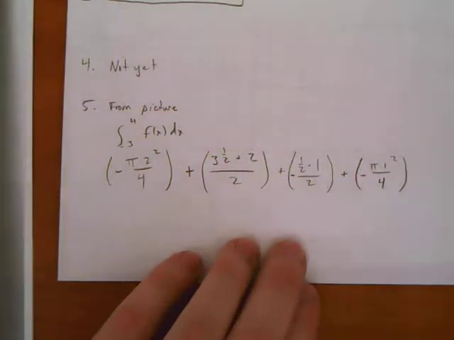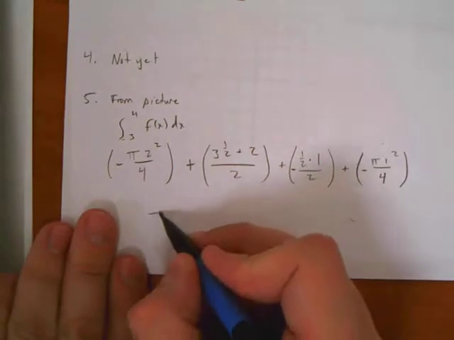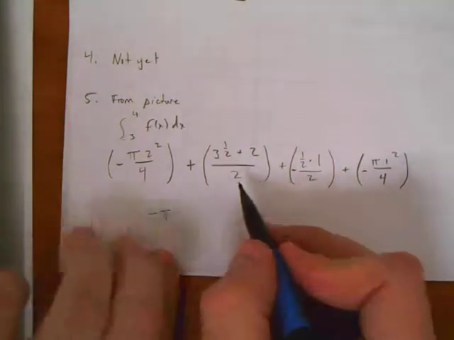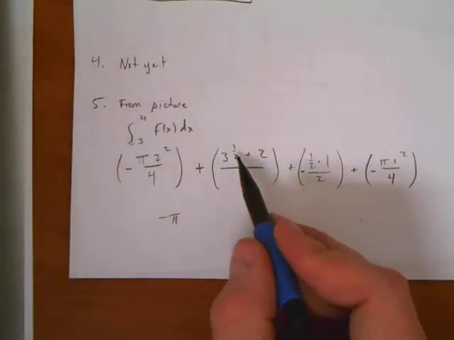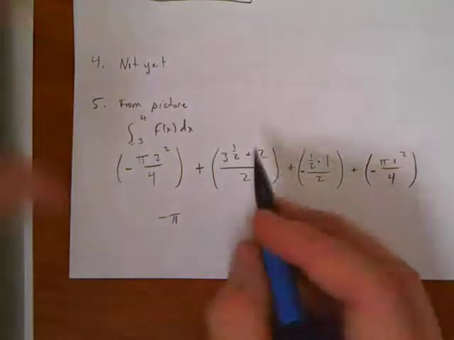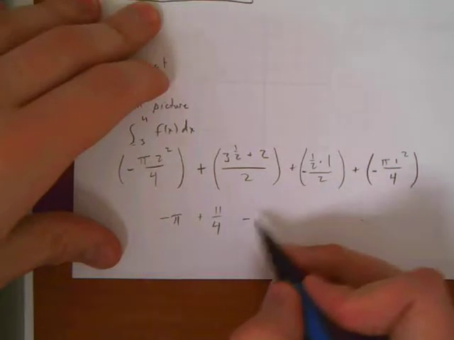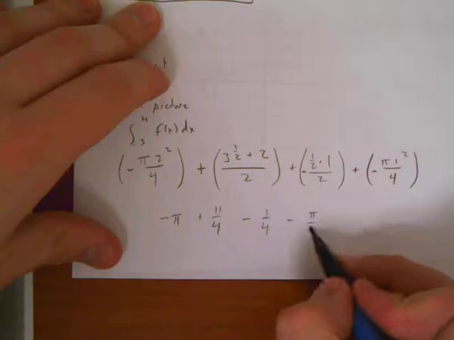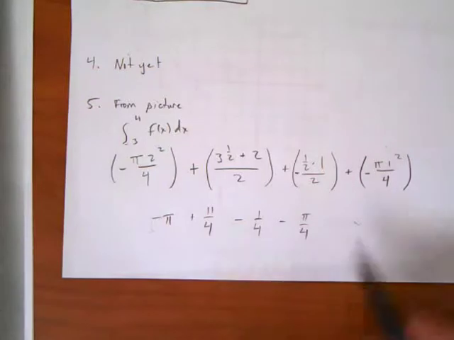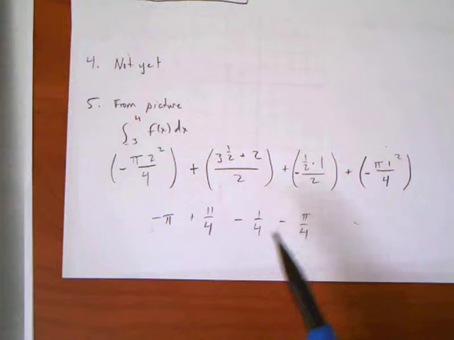So now we just add up all these together. This is going to be negative pi. This is going to be, let's see, 3.5 is 7 over 2 plus 4, 11 over 2, so it's 11 over 4. This is going to be 1/4, and this is going to be negative pi over 4. All of these have a common denominator except this first one, so I'll get a common denominator with that first one.